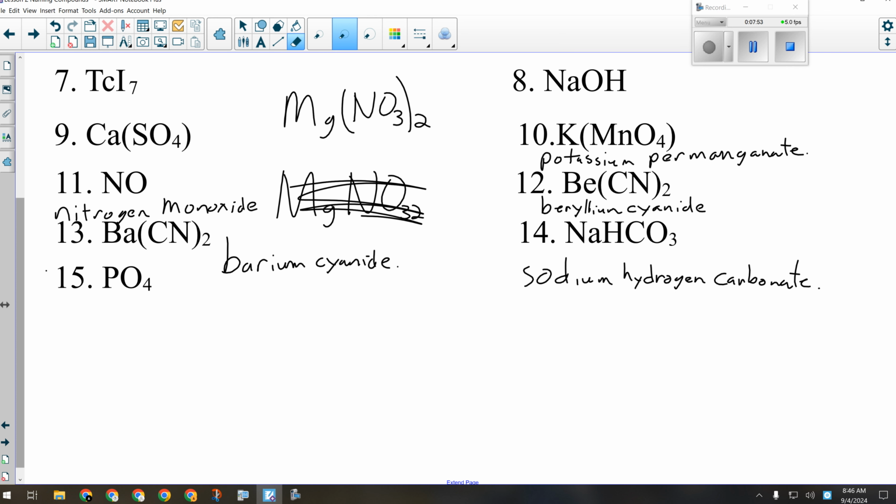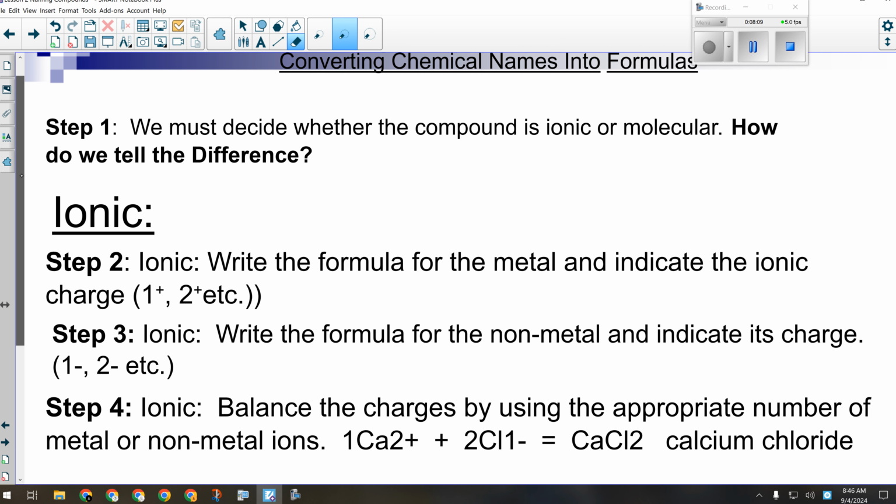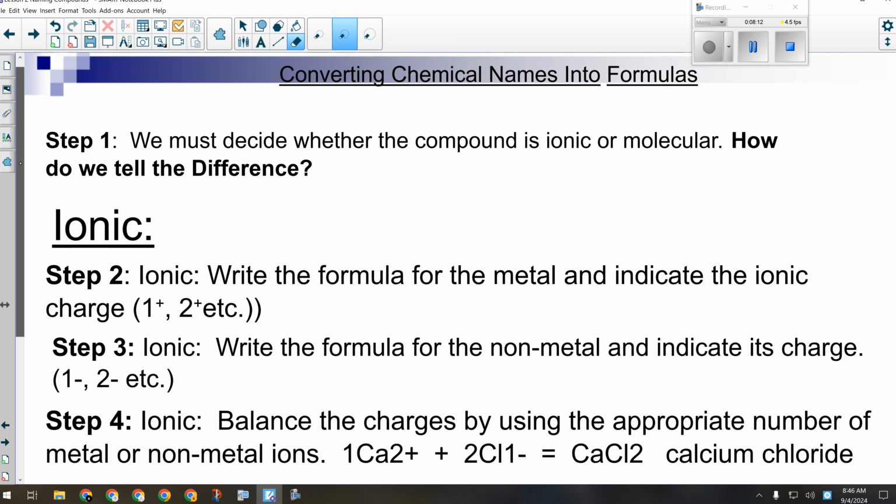All right, let's have a look at going the other way. We've been looking at, I give you the formula, you write the name. Now we've got to look at, I give you the name, you write the formula. So if I want to convert chemical names into formulas, the first step is still decide whether it's ionic or molecular, because there are different rules for each.